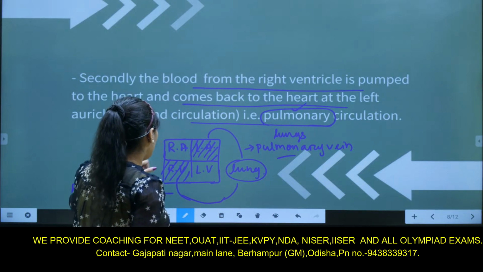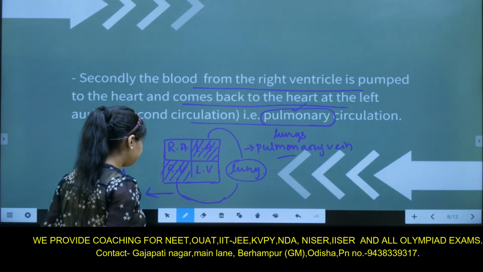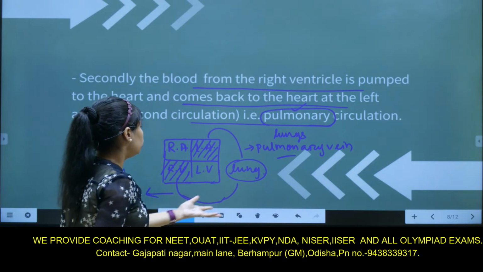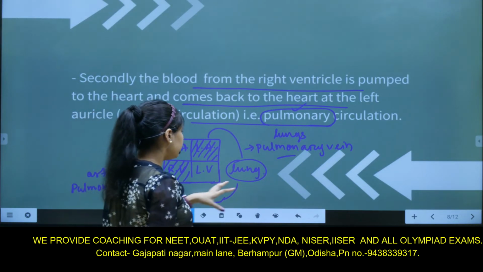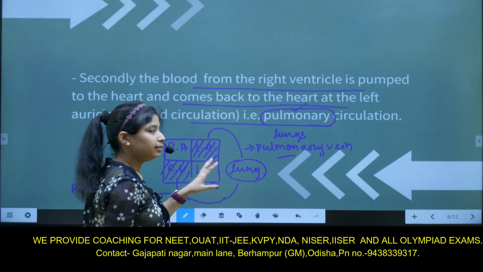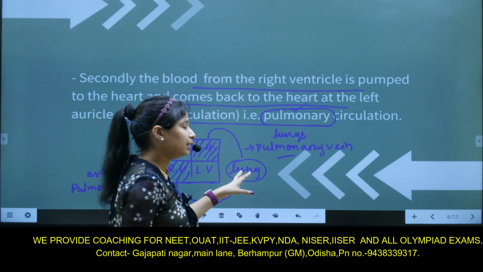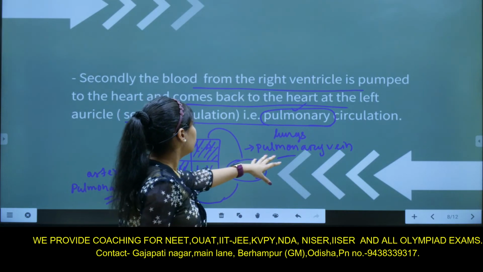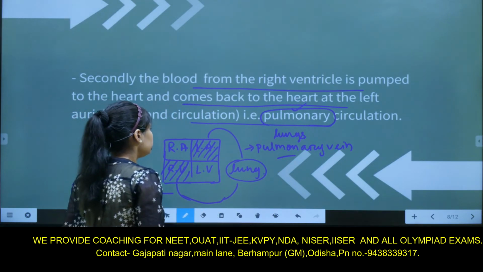Okay. So as the deoxygenated blood passes from the right auricle to the right ventricle, it will pass to the lungs through the pulmonary artery. Then the deoxygenated blood will be filtered at the lung and it will pass the oxygenated blood through the pulmonary vein to the left auricle.